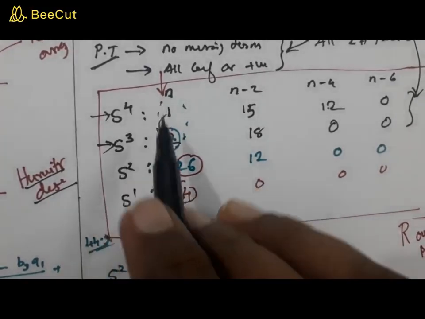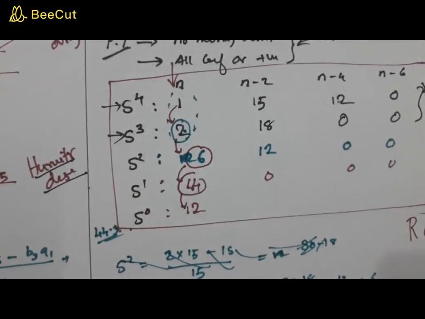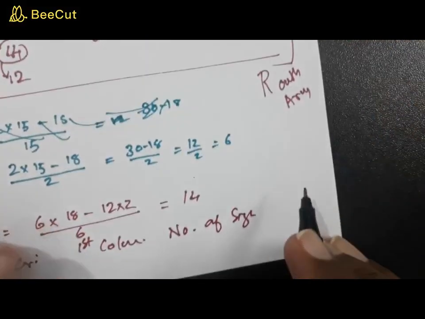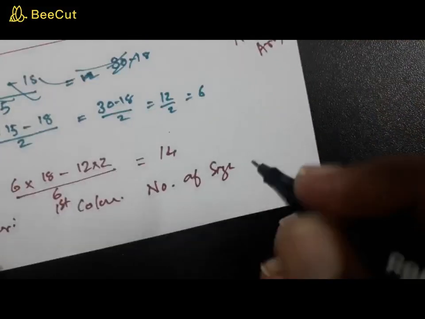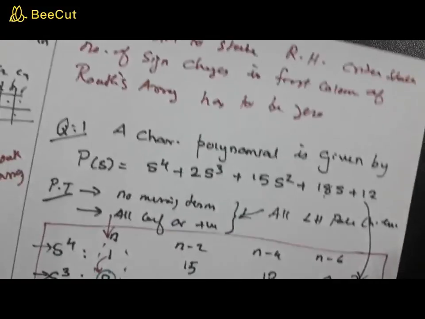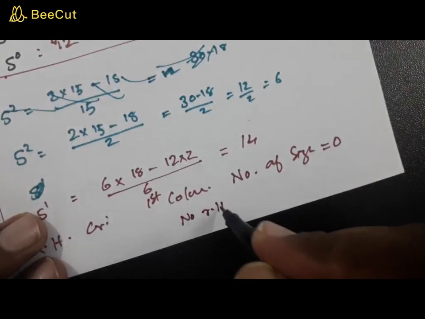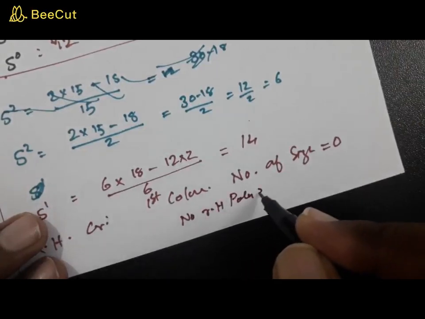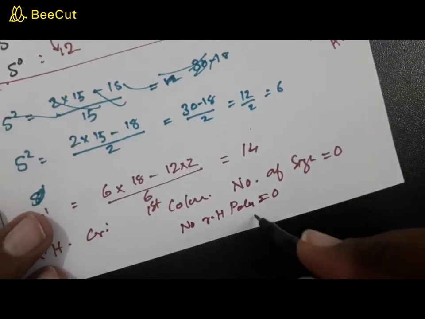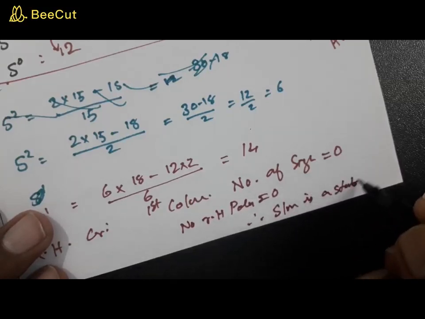That means the number of sign changes of the consecutive elements of the first column is equal to 0, and that is the condition for the system to be stable, right? And that means the number of RH poles, right half poles, is equal to 0. So there is no pole to make the system unstable, therefore the system is a stable system.